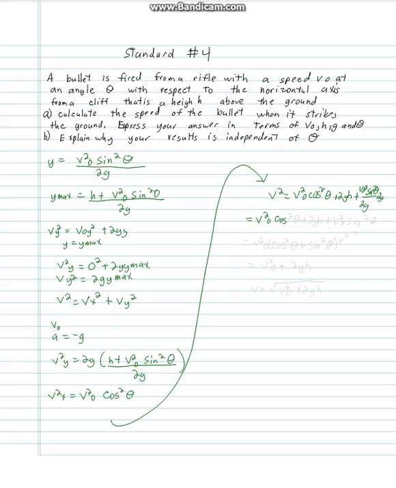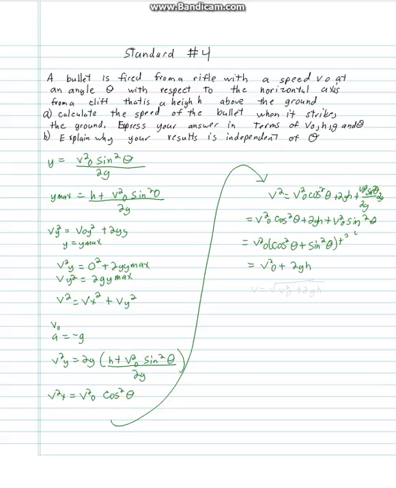v0 squared cosine squared theta plus 2gh plus v0 squared sine squared of theta, that is, v0 squared cosine squared of theta plus sine squared of theta, plus 2 times gravity and height, which equals v0 squared plus 2gh.